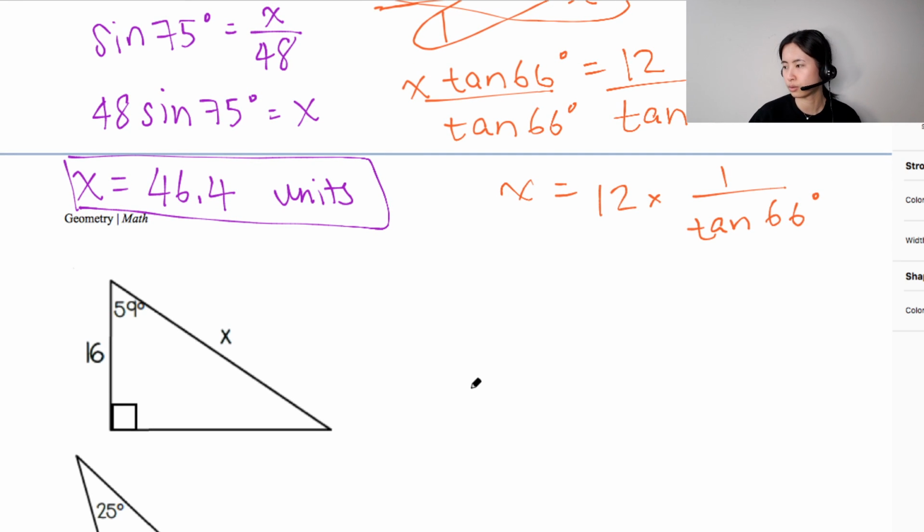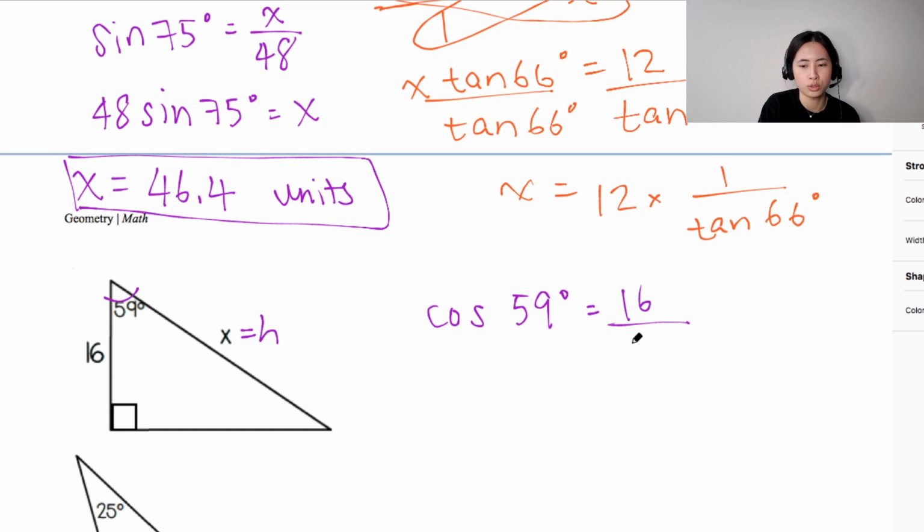Okay, great. So we're looking at 59 degrees and we have x, which is what we know by now. Hopefully you know by now that this is your hypotenuse, because this is the opposite side of your right angle. So now we're looking at 59 degrees and we're supposed to apply cosine, right? And why is it cosine? Because it's adjacent and your hypotenuse being the sides that you're using. So you have cosine 59 degrees, then you have your adjacent side, which is 16, over your hypotenuse, which is x.